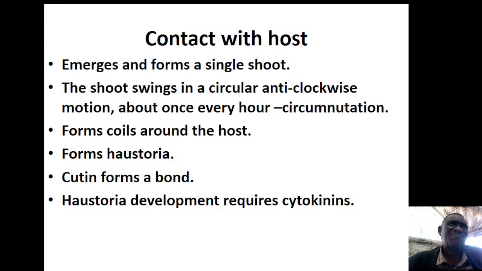Actually, it moves every hour. So it forms coils around the host, forms haustoria, cutin, forms a bond. Then the haustoria development requires cytokinins. And it is this organ which is used to abstract water and nutrients from the host.